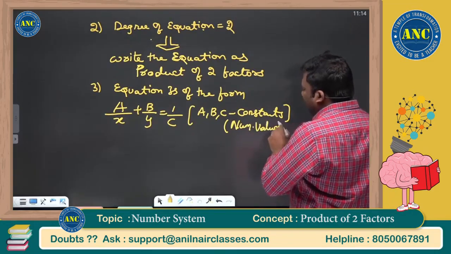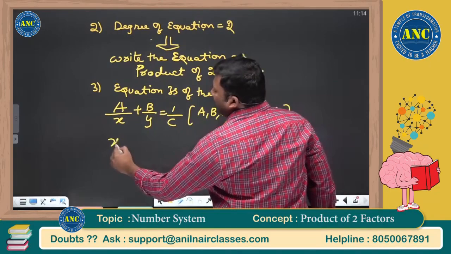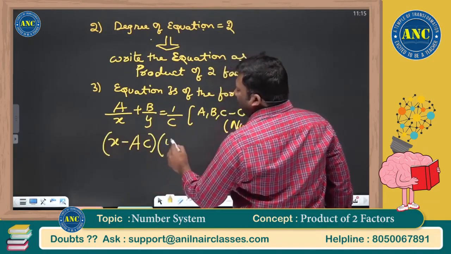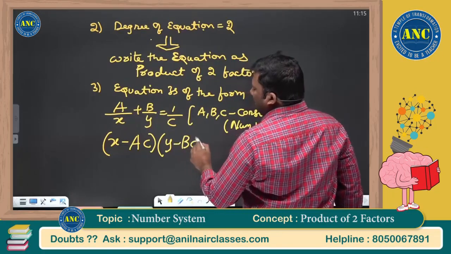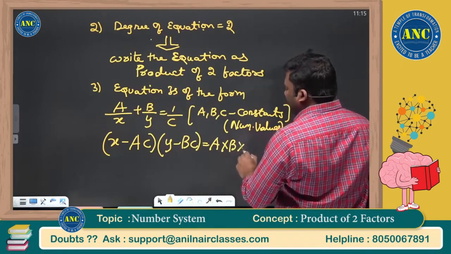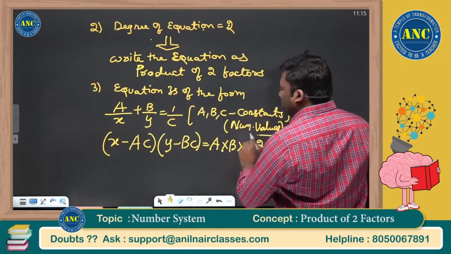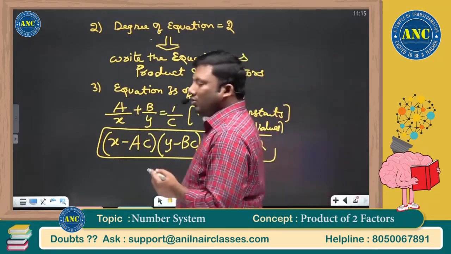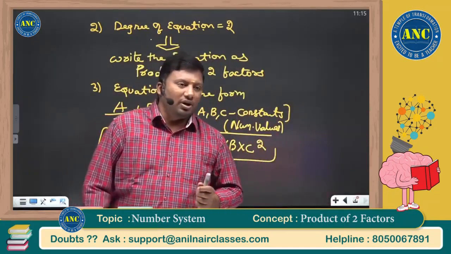Write the equation as (x minus a c)(y minus b c) equivalent to a b c squared. Please write down these important 3 key points.